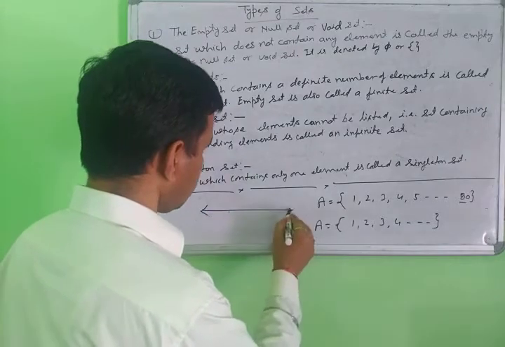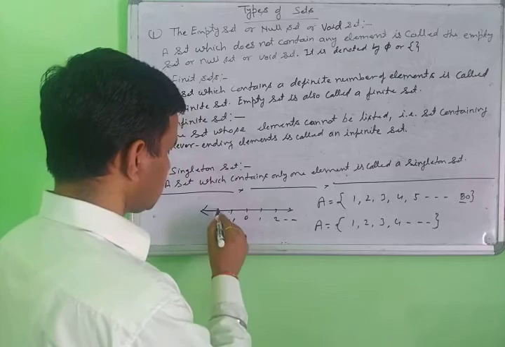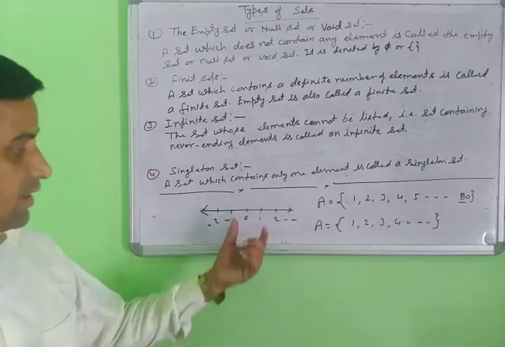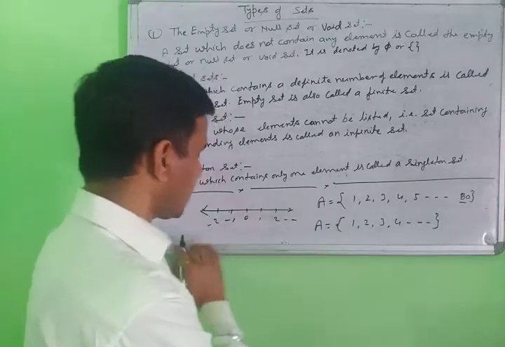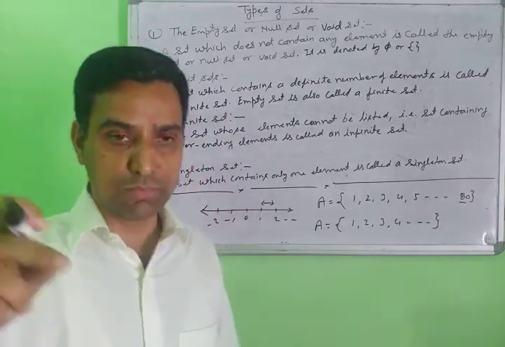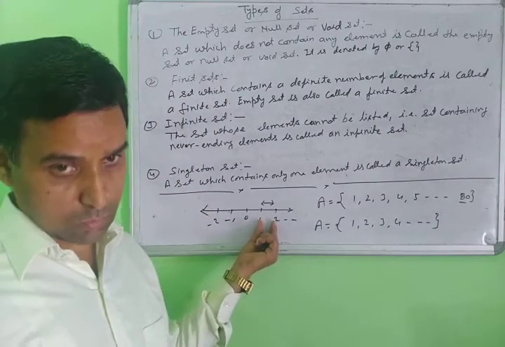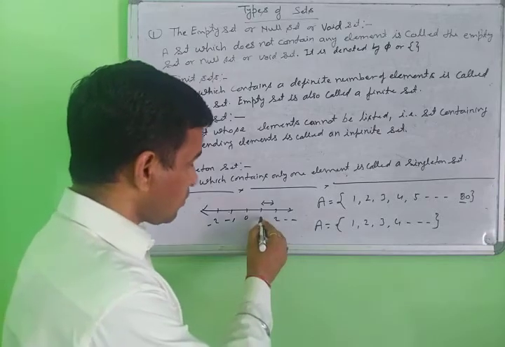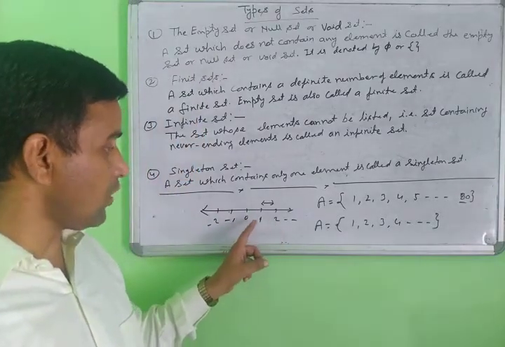Suppose you write 0, 1, 2, ... and here -1, -2. Suppose this is the real number line. There are infinitely many real numbers in both directions, but between 1 and 2 there are also an infinite number of real numbers. How many real numbers are between 1 and 2? Infinite. And how many real numbers between 0 and 2?